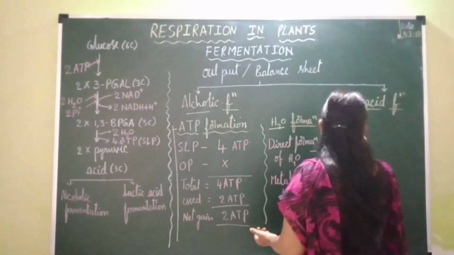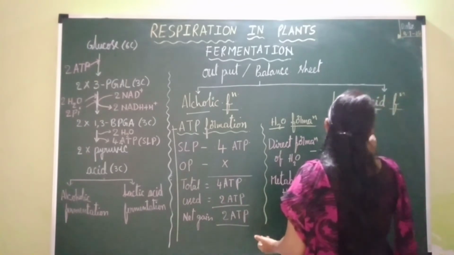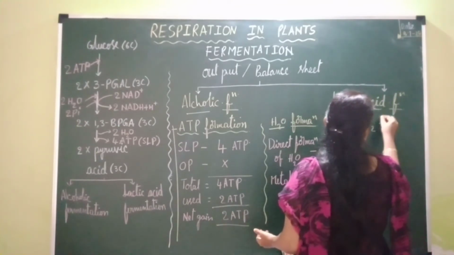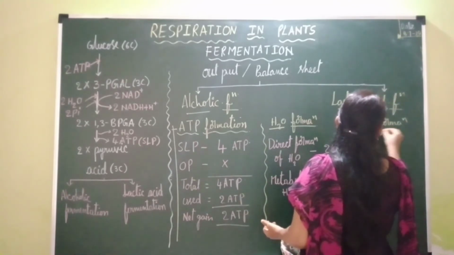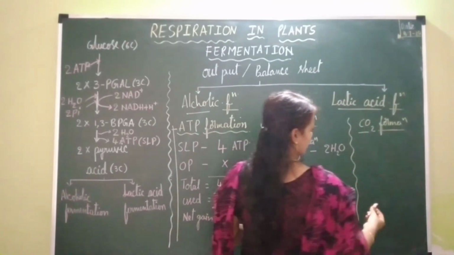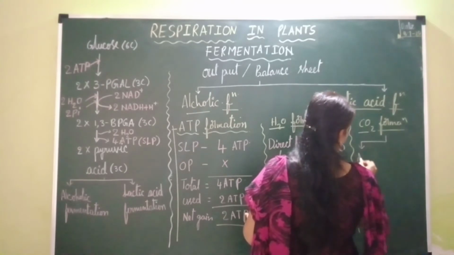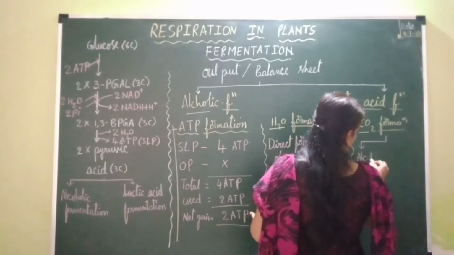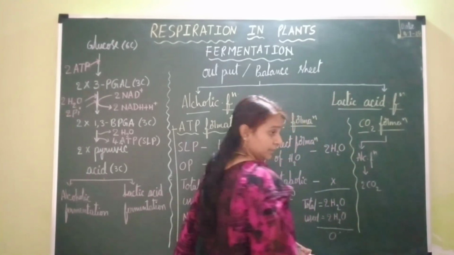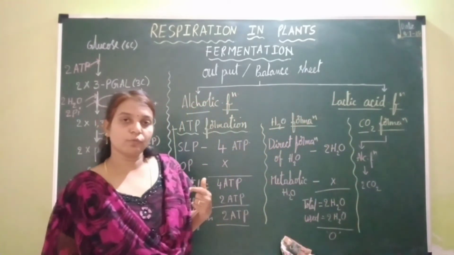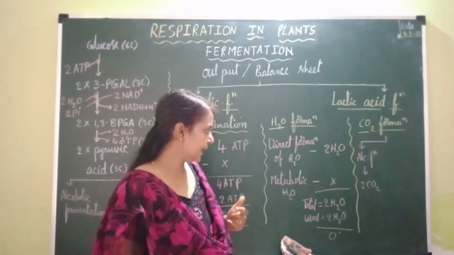Now let's study the formation or release of carbon dioxide. In case of alcoholic fermentation, there is formation of two carbon dioxide molecules during the decarboxylation of pyruvic acid into acetaldehyde.